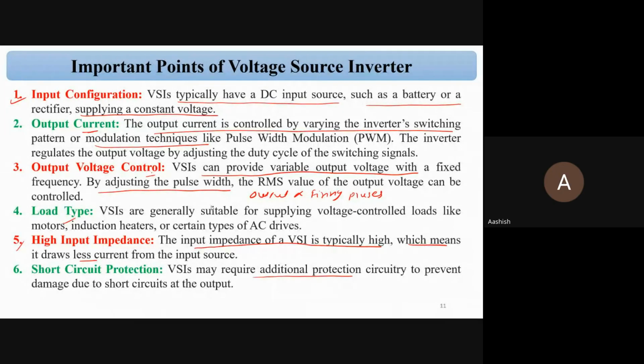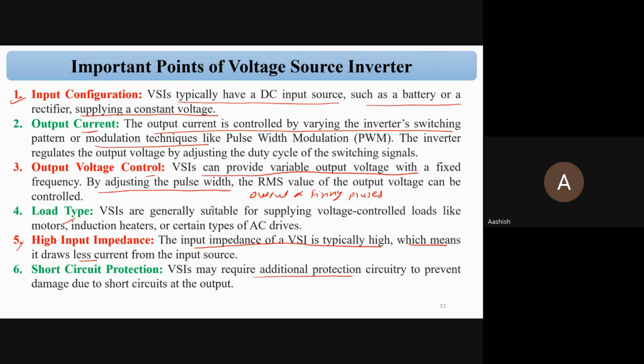That is okay. To maintain constant voltage, we place the capacitor in parallel; to maintain constant current, we place the inductor in series. But to define that input impedance, if we draw the Thevenin equivalent circuit, then we can justify how that input impedance is high or low on the basis of the circuit.